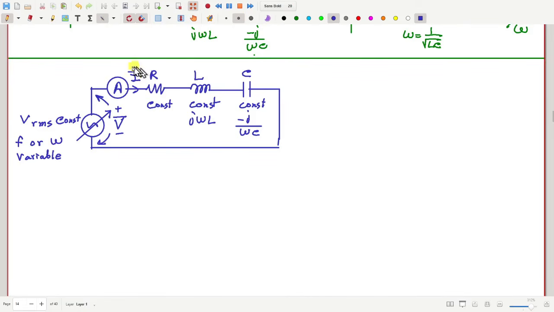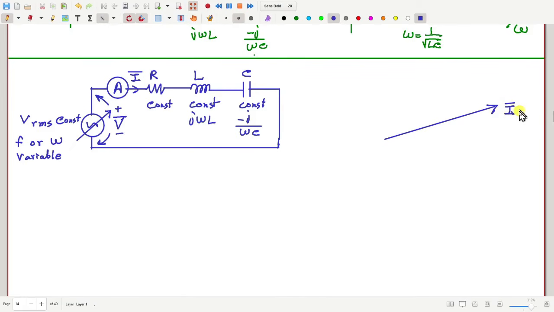So suppose the current I is here. I mean, we don't know the value or the angle of this current I. So suppose it's here, or maybe let me draw with an arbitrary angle.